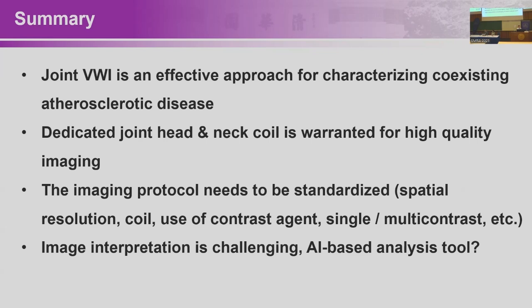How to efficiently interpret all these images? I think an AI-based analysis tool might be a good solution.